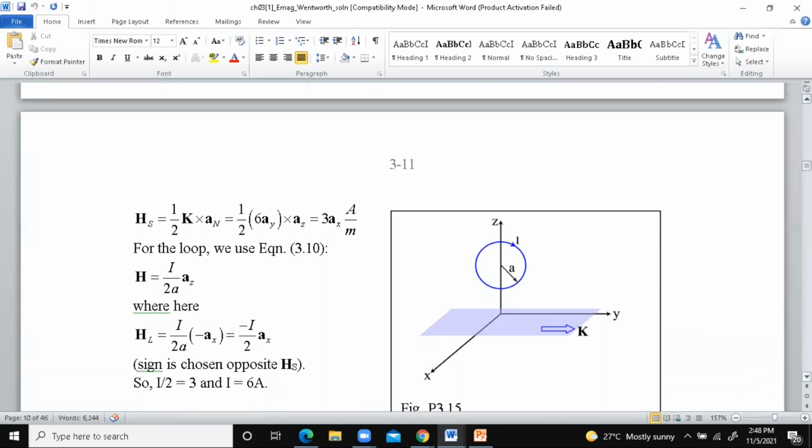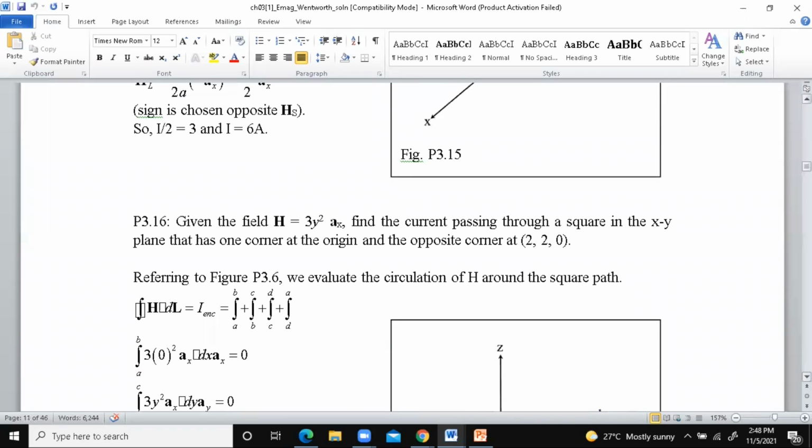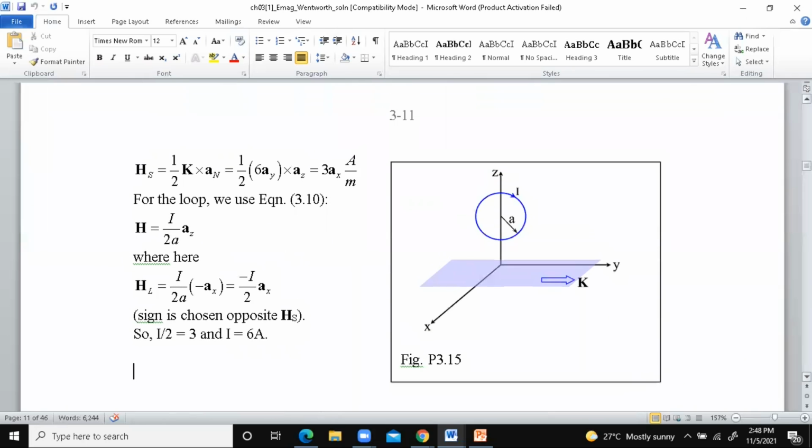Probably in the y direction. This is HS, you know. HS is AX, so you're not going to cancel out if it's not opposite.